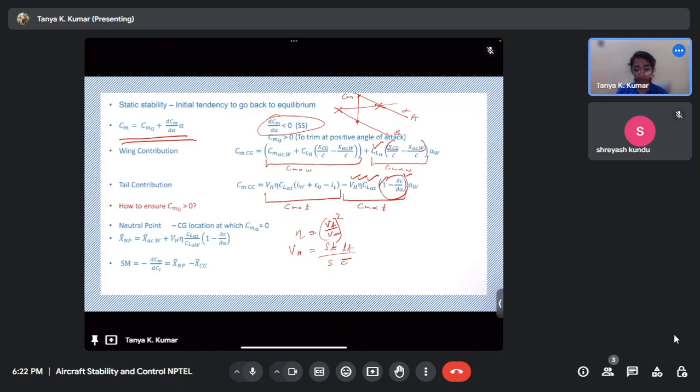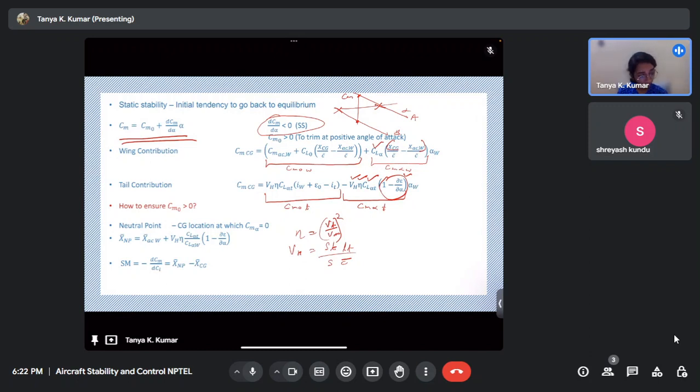Just look at the equations. Look at the equations of Cm naught wing, Cm naught tail, and then try telling me what could make it positive.